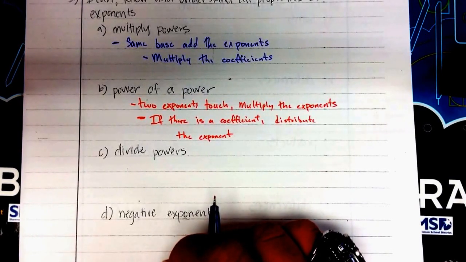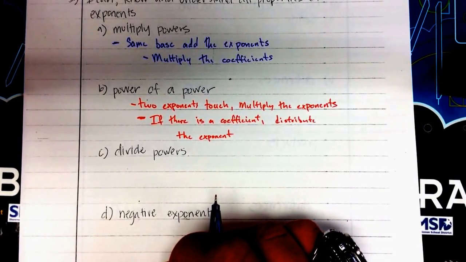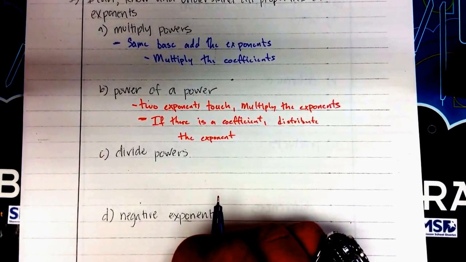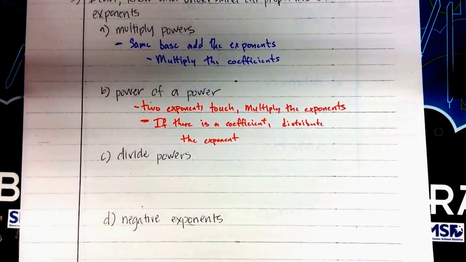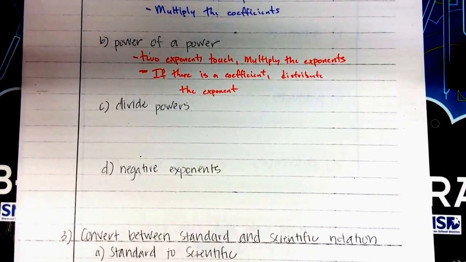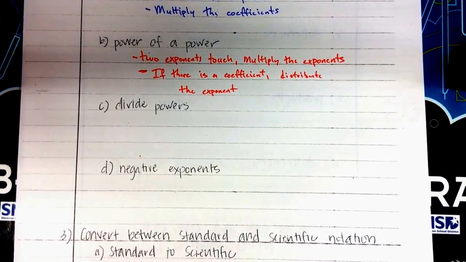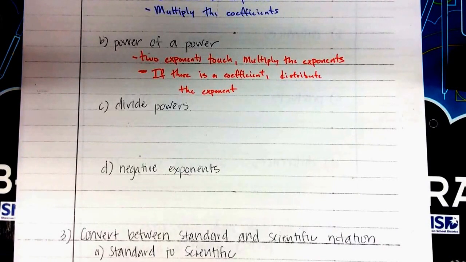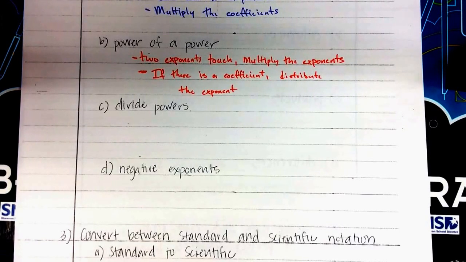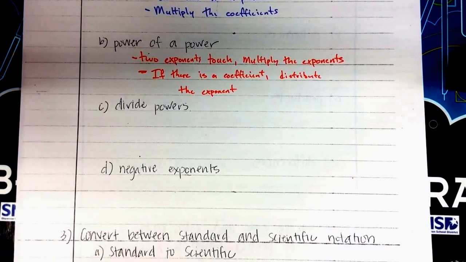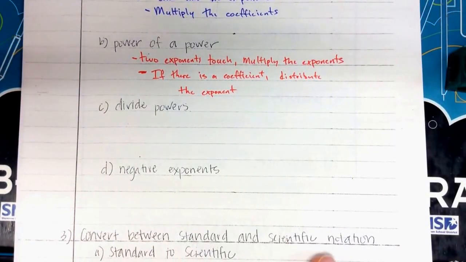Is all this clicking in your head, remembering how we're doing this? Good. So what happens when we move on to dividing powers? Paige? So if powers have the same base, subtract what?